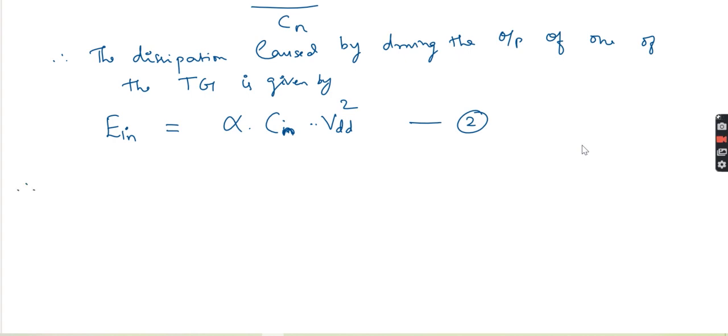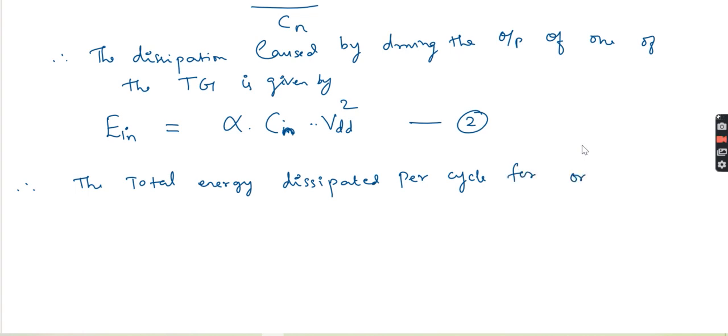Now what we need to do, we need to calculate the total energy dissipated per cycle for one driven output, that is E total.